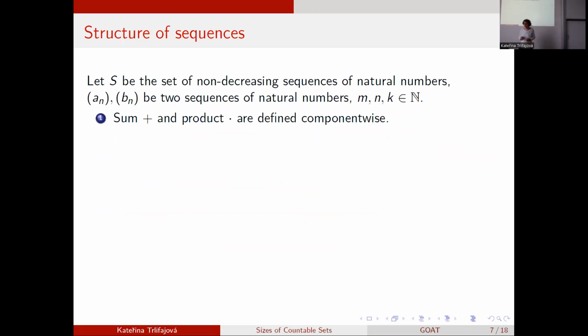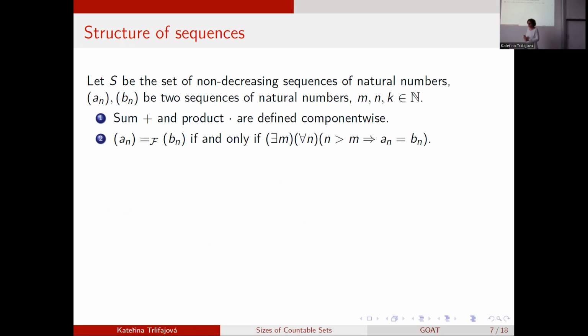And when we define on these sequences addition and multiplication component-wise, then we can define equality this way: two sequences are equal when they are equal from a sufficiently great index.